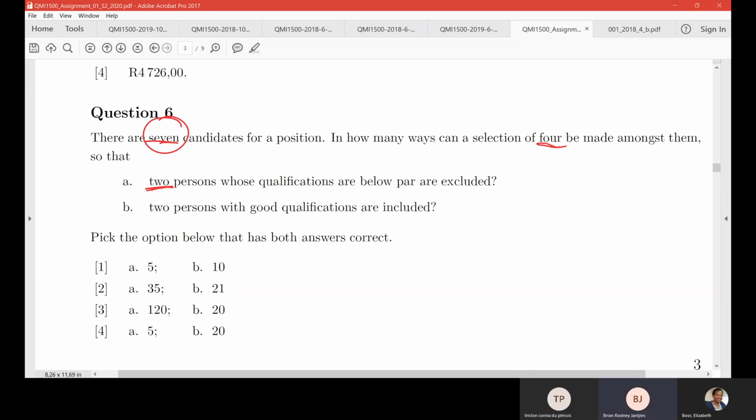For number 2, they say because the order of placements is not important, we want to determine the number of combinations of X equals 2 out of N equals 5 candidates. The formula is the combination formula. And then they say if 2 persons are included, there are 10 possible selections of 2 out of 5 candidates.